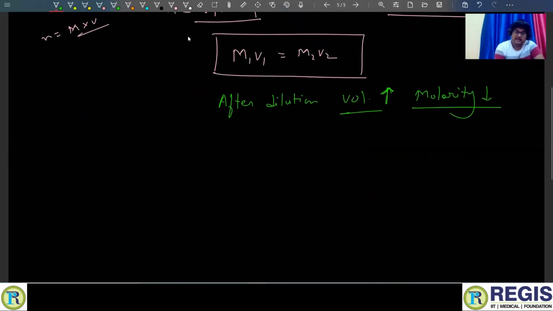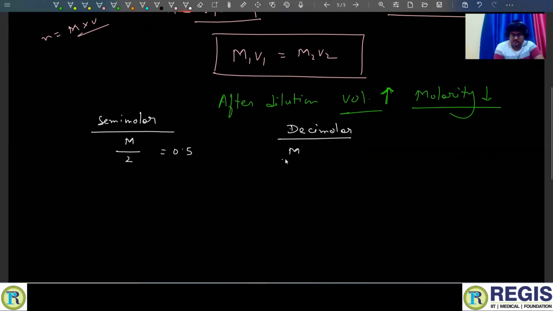Okay. Another thing, just write down: M by 2, already discussed, which is 0.5, is called semi-molar. Decimolar is given, which represents M by 10, that means 0.1.